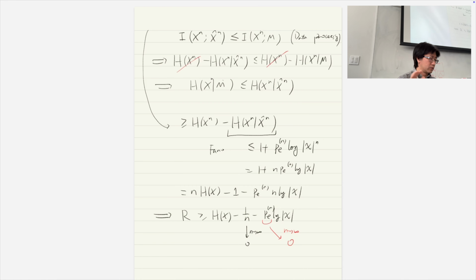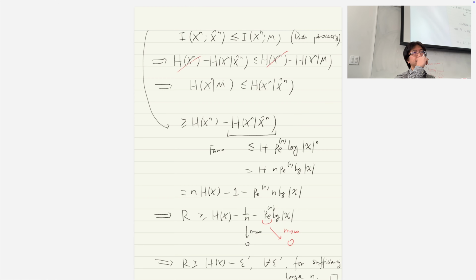We let it go to 0, and then we can conclude that R is bigger than or equal to H of X minus epsilon prime for any epsilon prime, for sufficiently large n. Okay, and then we're done. So this is the converse.